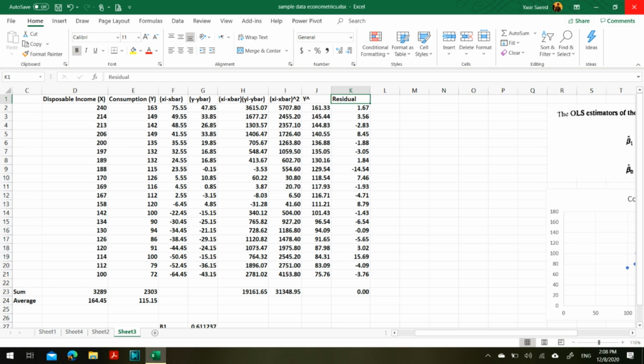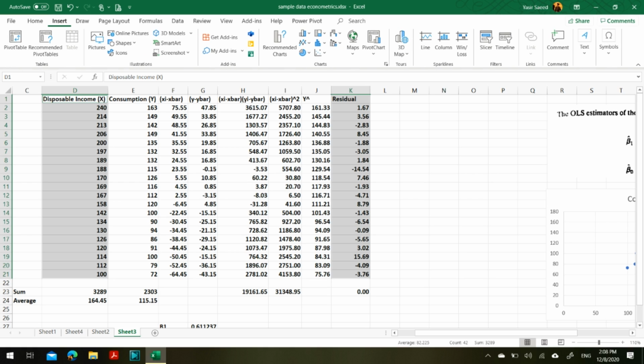So for that purpose, I select the residual terms, and then I also select the disposable income. Keep it in mind that when you are selecting two rows, you should keep the control button pressed so that when you lift the mouse key up, you still are able to select further cells along with it.